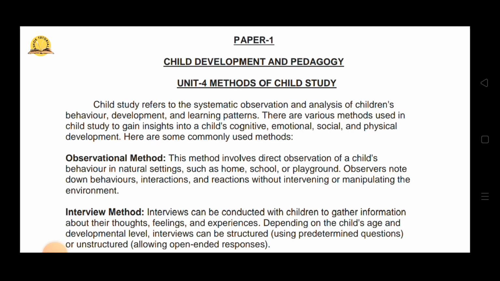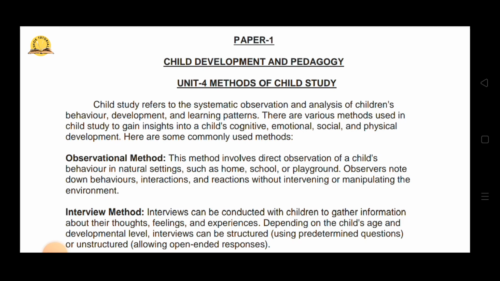See, in order to study a child or a learner, we have to analyze certain factors like the behavior of the child, the development of the child and the learning pattern which he or she follows. And there are various methods by which we can study the child, right? Like observational methods, interview method.